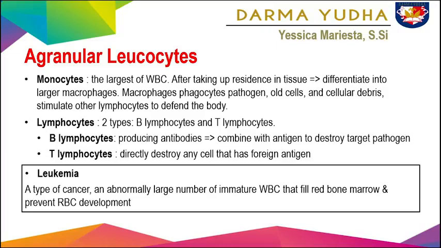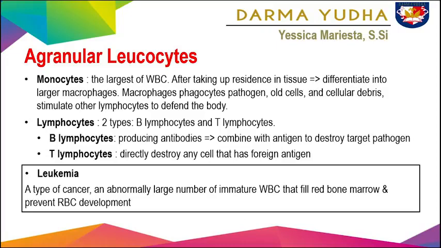For the lymphocytes, there are two types: B lymphocytes and T lymphocytes. What is the difference between them? The B lymphocytes produce antibodies, which combine with antigens to destroy the target pathogens.